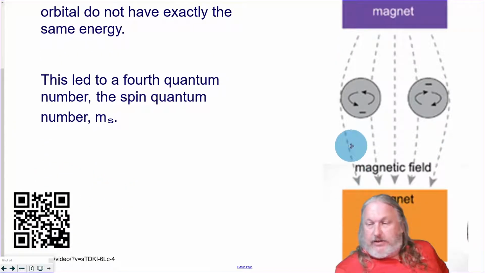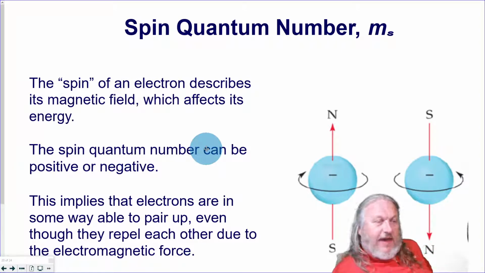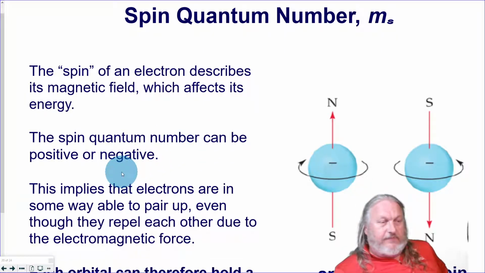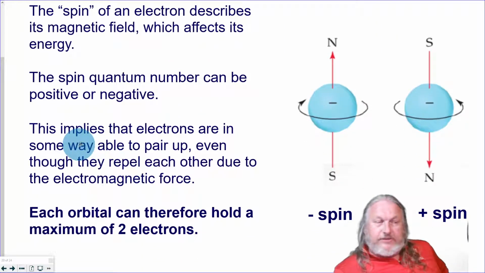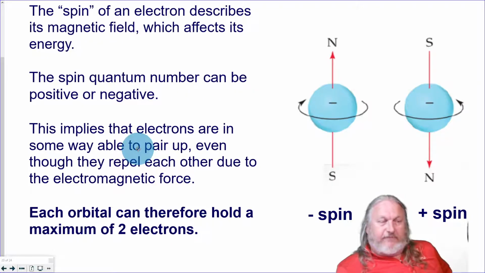What it's saying is that the electron has either a right-hand spin or a left-hand spin. The spin describes its magnetic field, right or left, and that affects its energy. So the spin quantum number can be either positive or negative. This implies that electrons are in some way able to pair up, even though they repel each other because they're both negative charges, due to Coulomb's law and the electromagnetic force.